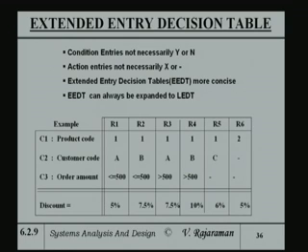There is something called an extended entry decision table, which is a little bit more descriptive than the limited entry table, and which also can be converted easily into a limited entry table almost automatically by a computer program. In any case, the advantage of an extended entry decision table is that it is easy for people to understand.